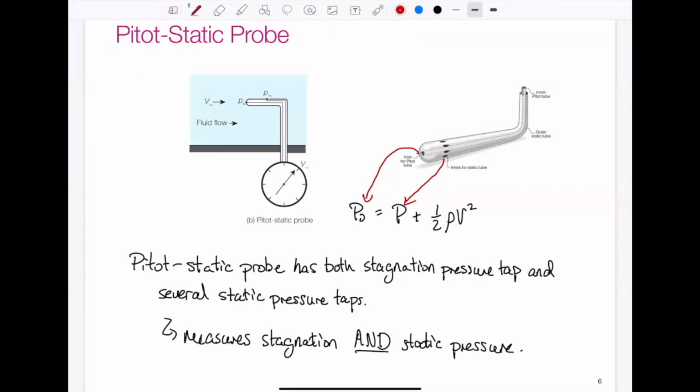If you have a pitot-static probe, then the difference between these two pressures would equal 1/2 times your fluid density times the velocity squared. So just one of these devices can be used to calculate the velocity of fluid flow.